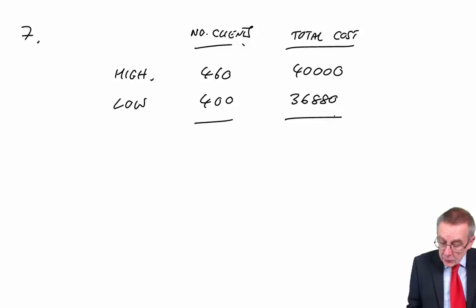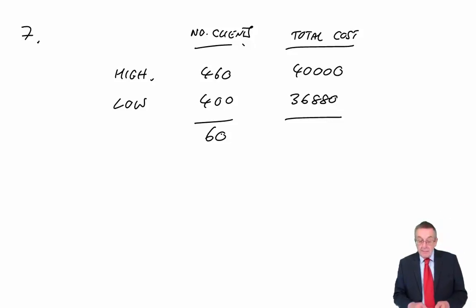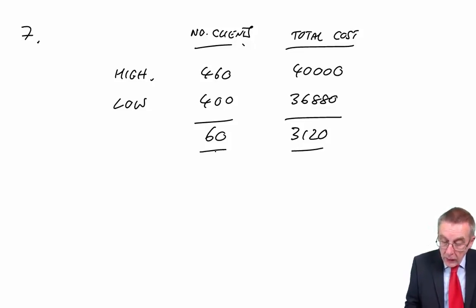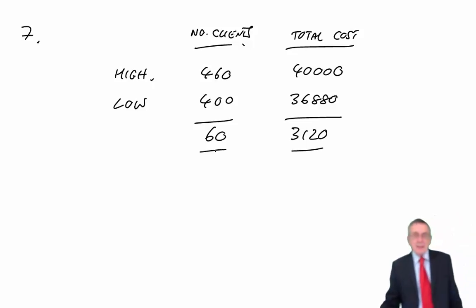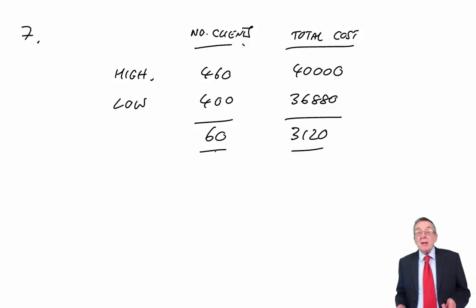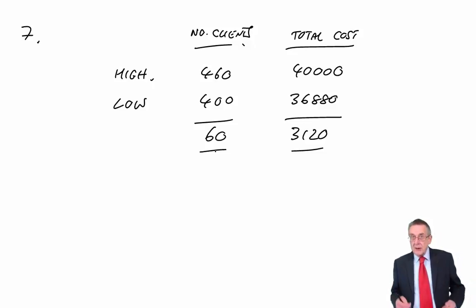The difference between them, well, for an extra 60 clients, the total cost was higher by £3,120. And of course, and this really should be automatic by the time of the exam, the only reason the cost will be higher is because of any extra variable cost.